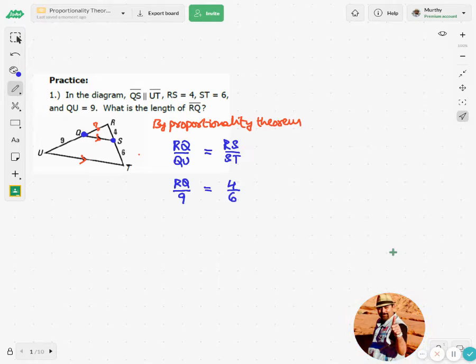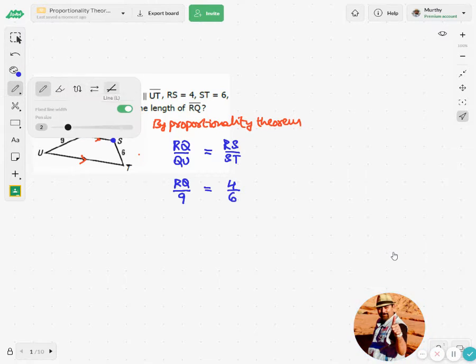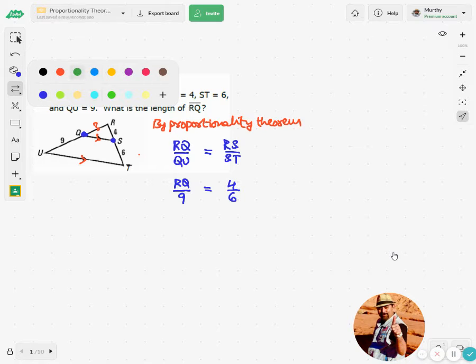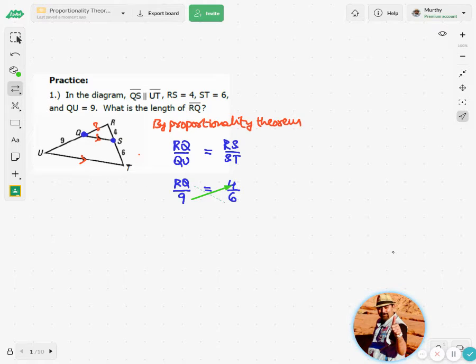In my last class, I discussed cross multiplication. You take the cross multiplication method, that is, with the denominator of the first one, I multiply the numerator of the second fraction. So 9 times 4 equals 6 times RQ. Now, think for a moment and compute the value of RQ.